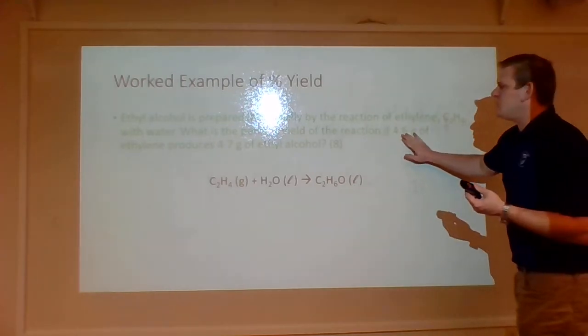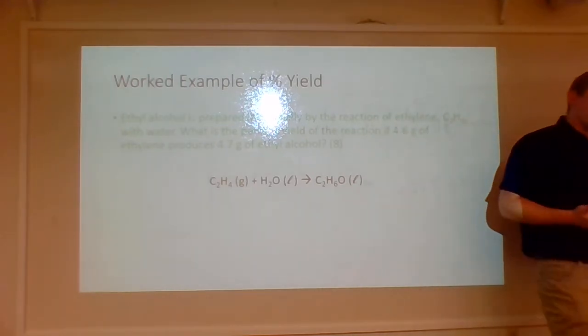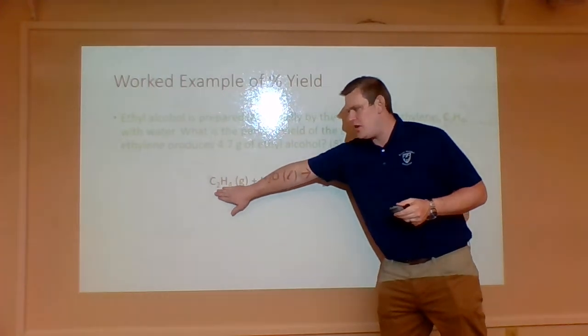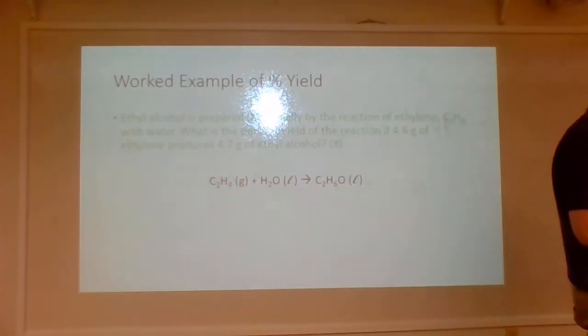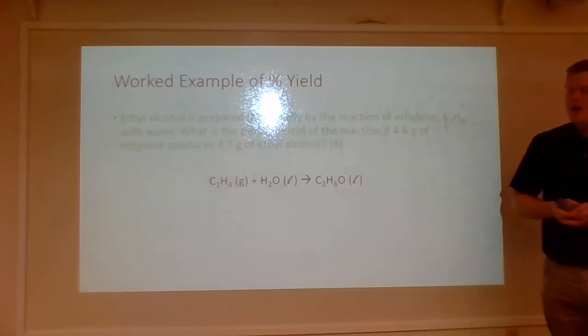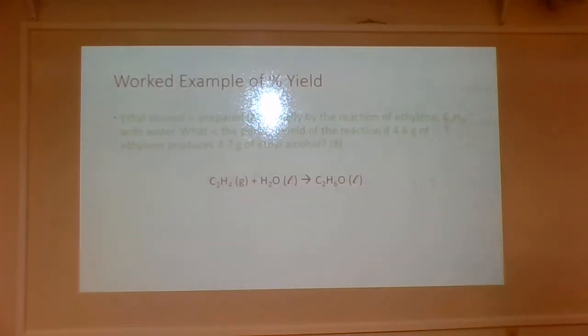And the 4.6 grams, that's how much of the starting material that we had. So based on that starting material, we can figure out what our theoretical yield is, and then compare that to the actual experimental yield. So let's work through that.